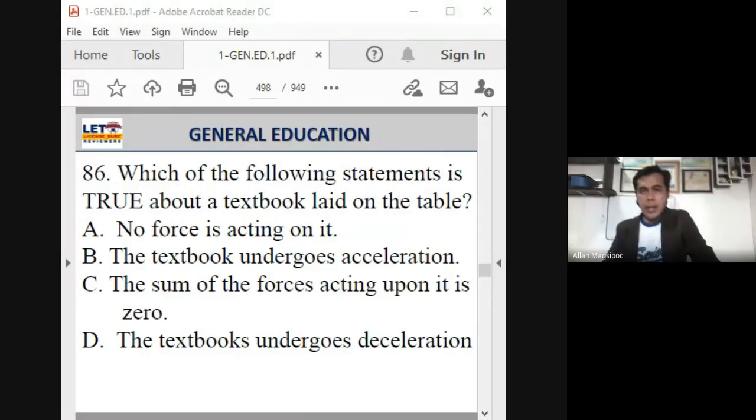Okay, thank you for your responses, Samlag and Lavar. Abayon, Escobar, and Cabonilas. So all of you answered letter A. How sure are you that no force is acting on it?